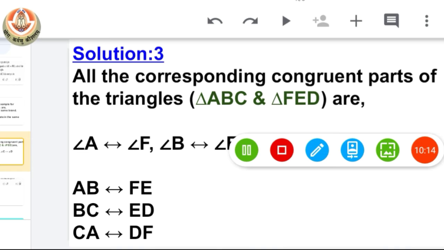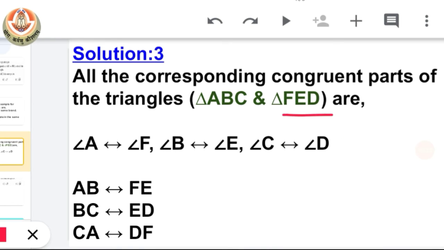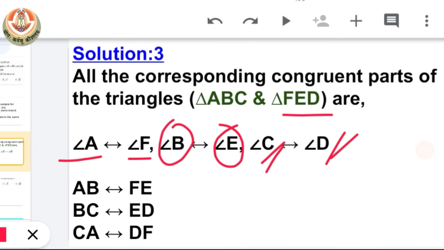As we know, the corresponding congruent parts of triangles ABC and FED are, if we talk about angles, angle A corresponds to F, B with E and C with D. And if we talk about sides, then AB corresponds to FE, BC corresponds to ED, and the next one is CA corresponds to DF.